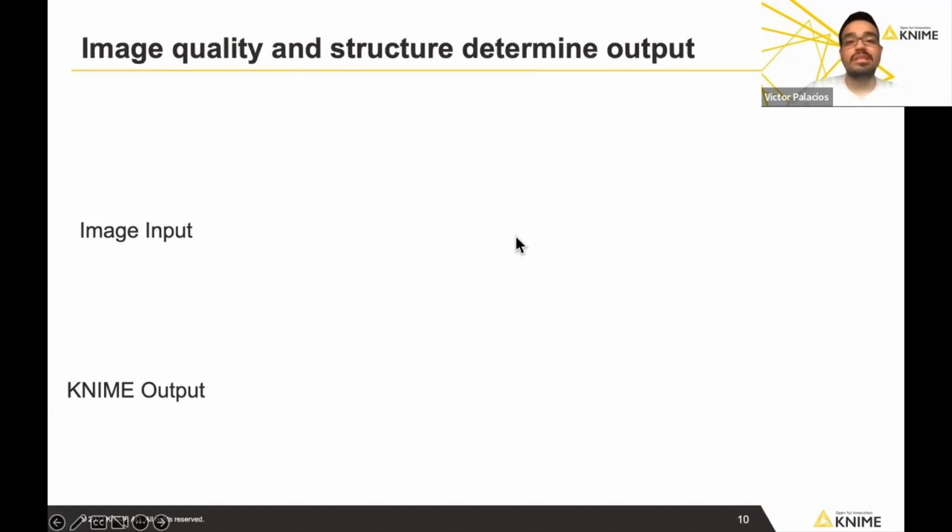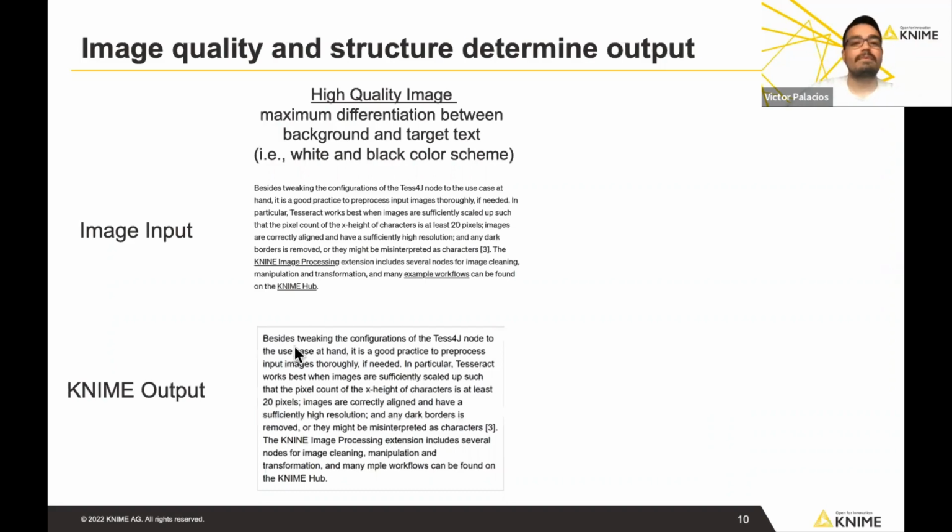Now for the image quality and structure, these really determine your output. That's why we talked a little bit about how OCR works on a high level. So let's look at some examples for really good input and some bad input. Really good input will have maximum differentiation between the background and the text. Typically this is a white and black color scheme.